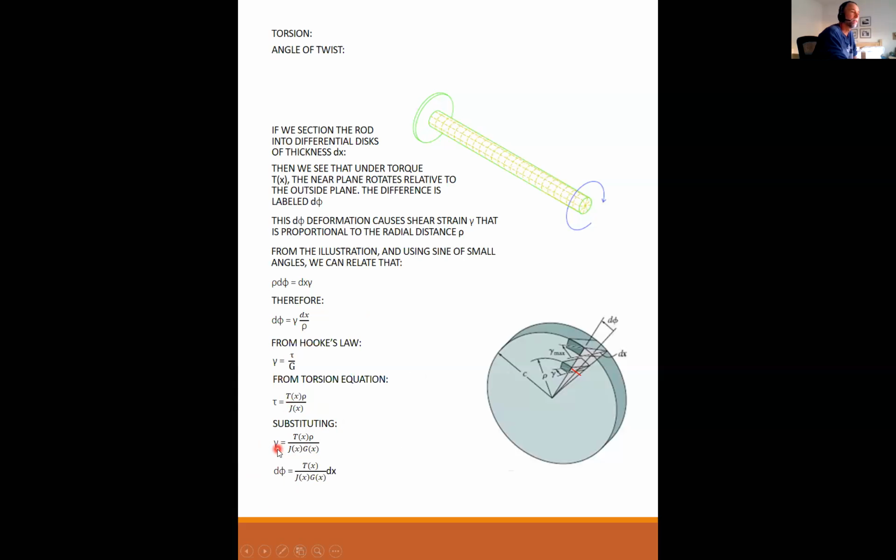If I plug this gamma into here, you see that the rhos cancel each other. And so d phi is equal to gamma dx, or torque over JG dx. So this is my generalized form. Also remember that dx is in the direction of the longitudinal axis, and phi is a rotation, a twist.